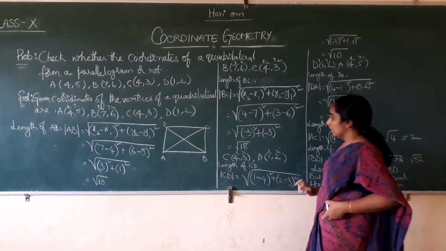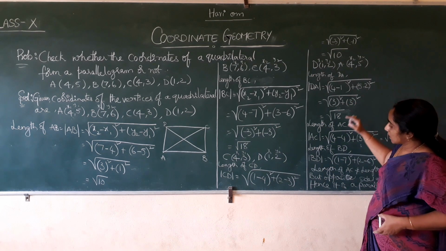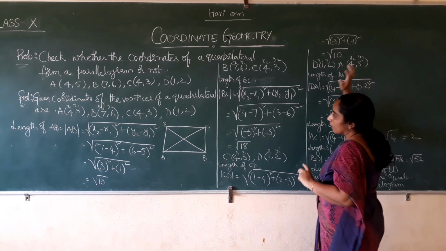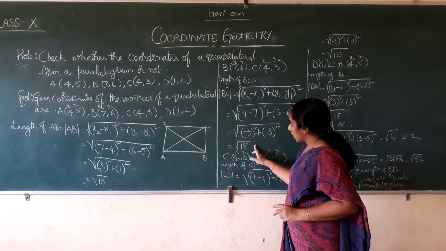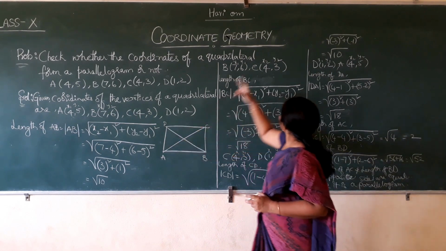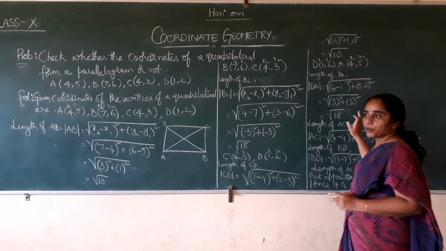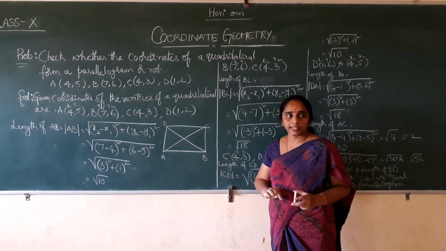AB is equal to CD, that is root 10, root 10. BC is root 80, AD is root 80. So opposite sides are equal in this quadrilateral.